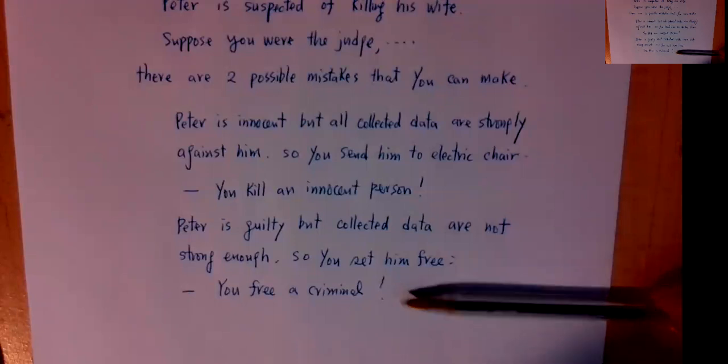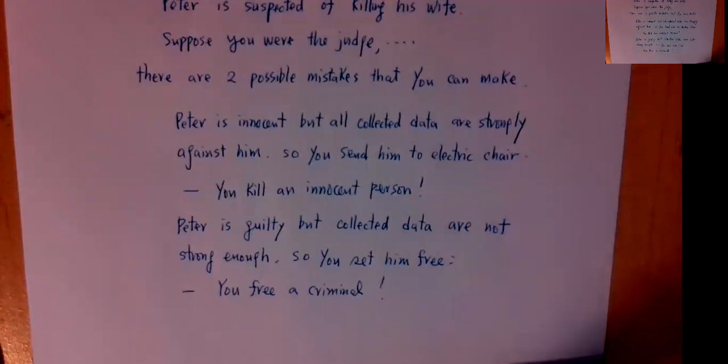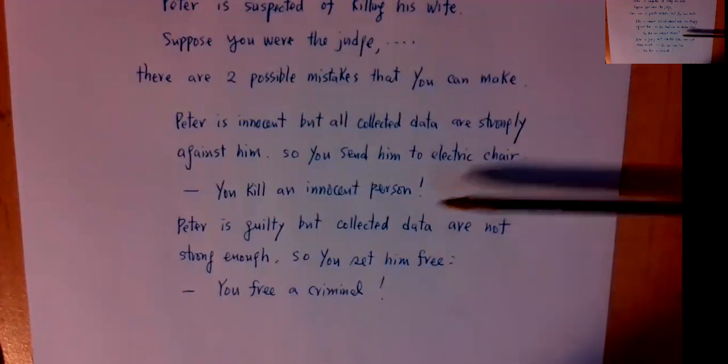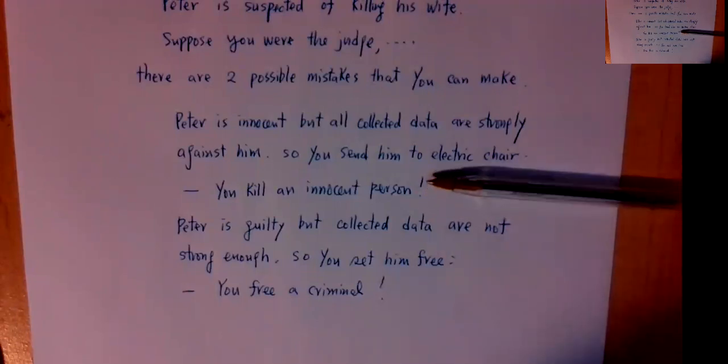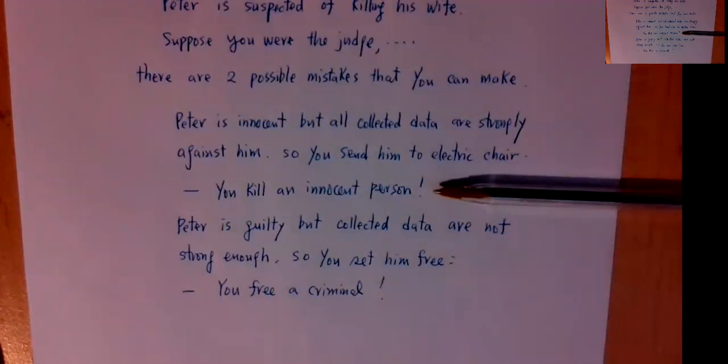Before we further discuss the detail, let's think about this question. Okay? Can you tell me a strategy that I will never make this mistake? Think about it. Think for a couple seconds. Okay? Think about a strategy that you will never kill an innocent person. Okay? I think you already figured out, right? If this is your strategy, you will never kill an innocent person.